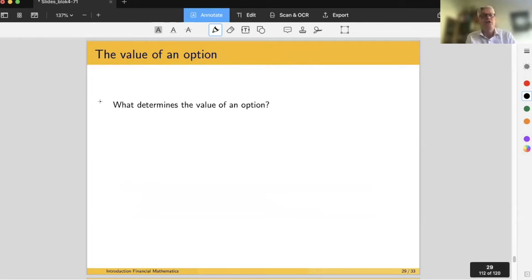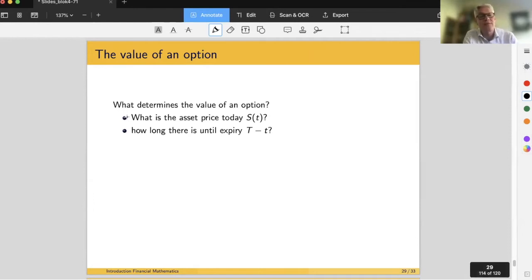Now, what determines the value of the option? Well, first of all, an important aspect is the value of the stock price today, S(t), right? So if it's 100 or 10, you can imagine that that plays a big role.